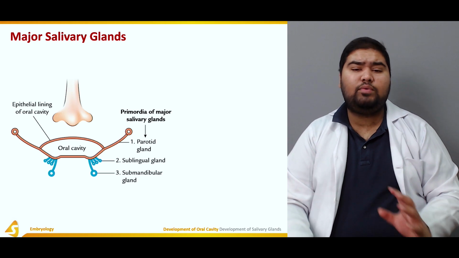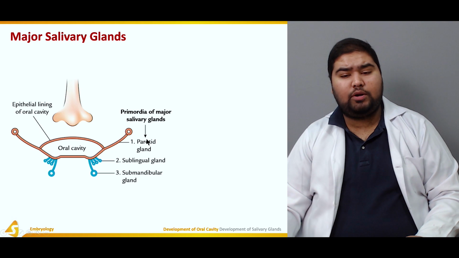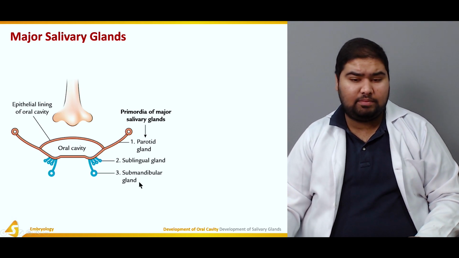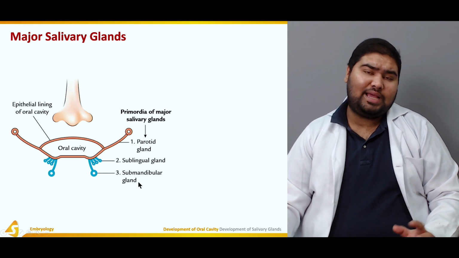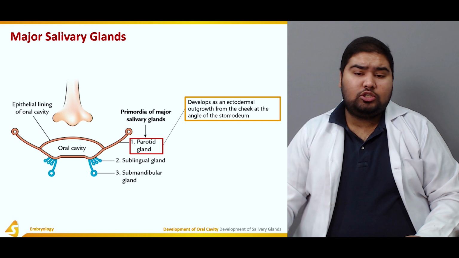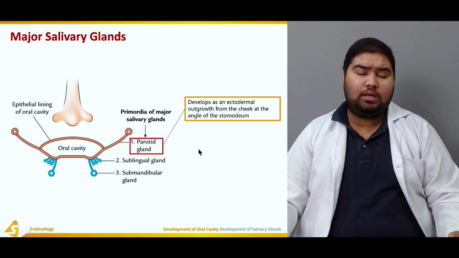So now we have three major salivary glands. We have the parotid gland, the sublingual gland, and the submandibular gland. So let's see how the development of these glands takes place. The parotid gland develops as an ectodermal outgrowth.